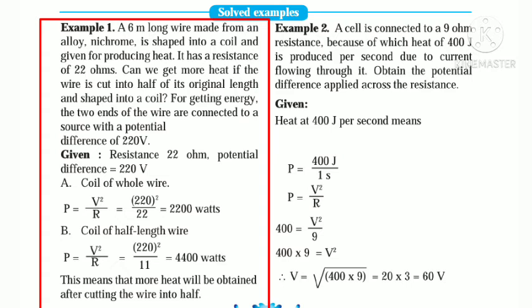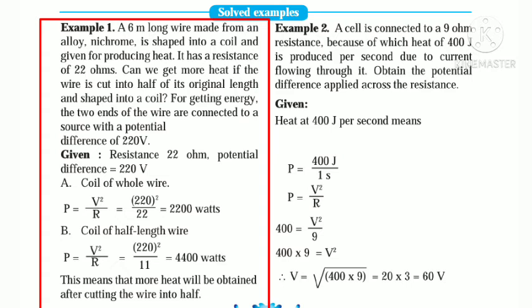And if coil of half length wire is used, means B part of this, P is equal to V square upon R. Same equation used to solve this example. Here V is equal to 220 but R is equal to half of the 22, means 11. And therefore power P is equal to 220 square divided by 11 is equal to 4400 watts.